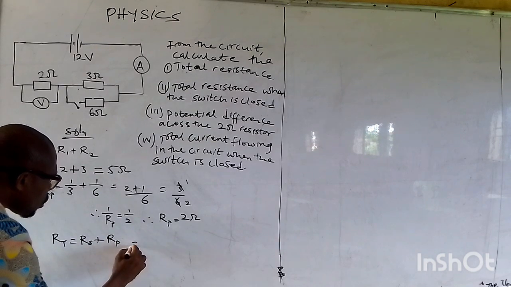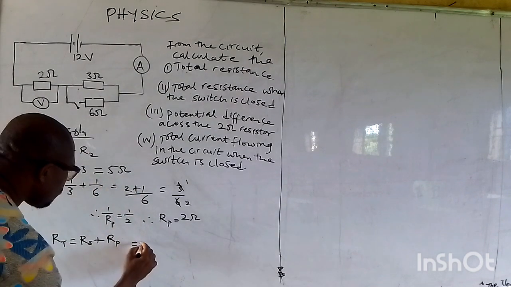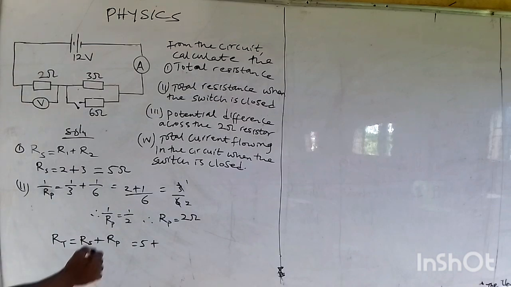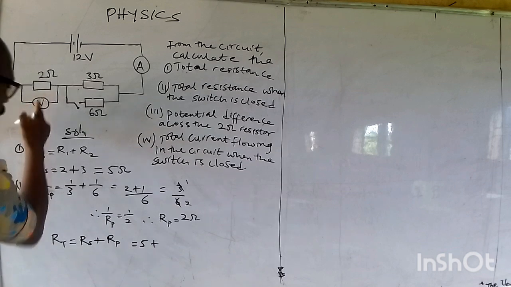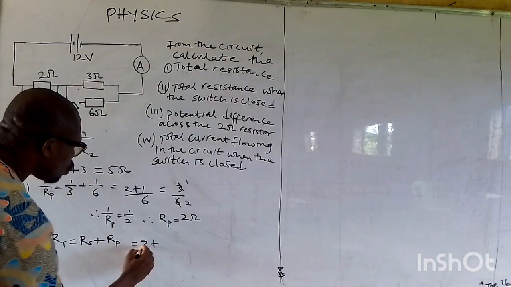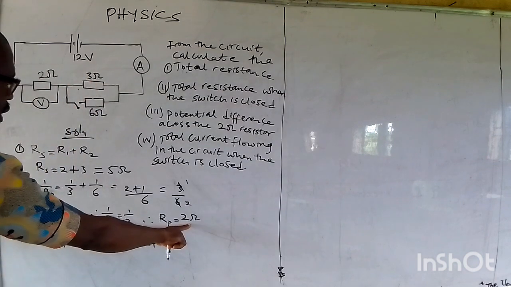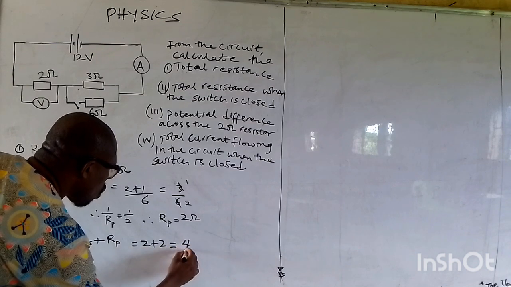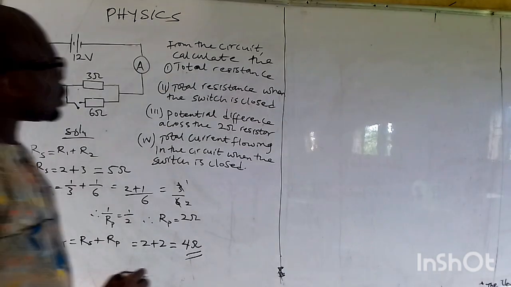The one in series is 5, which is 2. The resistance in series is 2, plus the one in parallel. If we resolve it, 2 plus 2 gives us 4 ohms as the total resistance in the circuit.